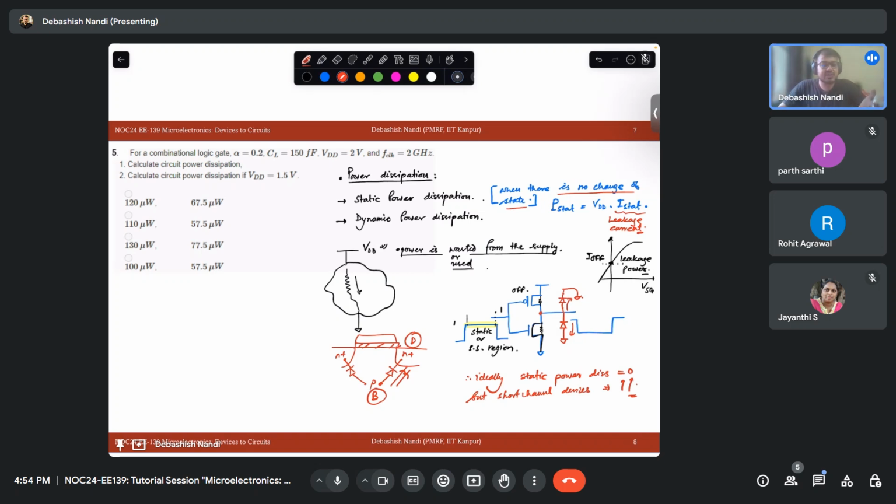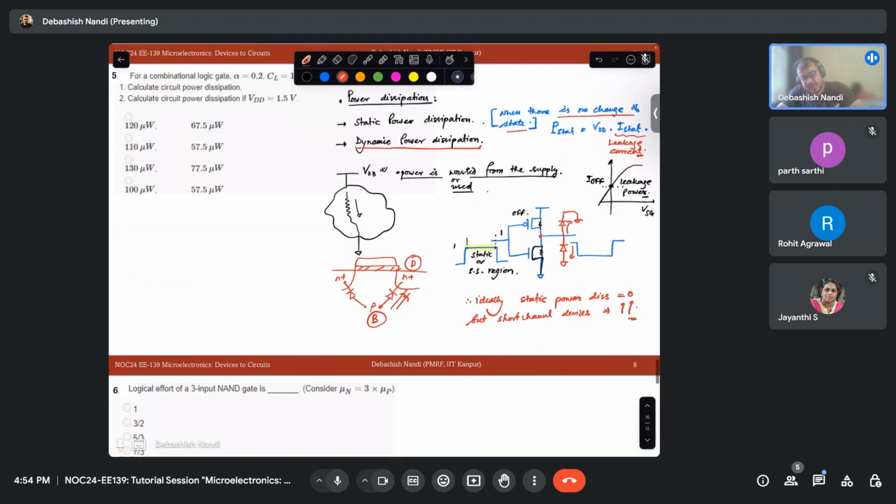For example, if you charge your mobile phone and do not do anything, after a few hours or a couple of days, it will get discharged. So where is that power going? This power is flowing in the idle state. That is the static power dissipation. Static power dissipation also creates heating issues in the devices. But this static power is comparatively much lower than what we will discuss now, the dynamic power dissipation. So what does this dynamic power mean?